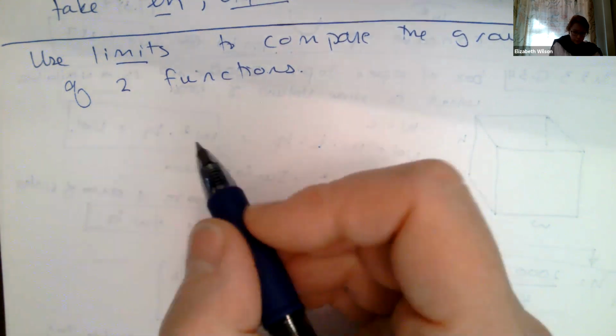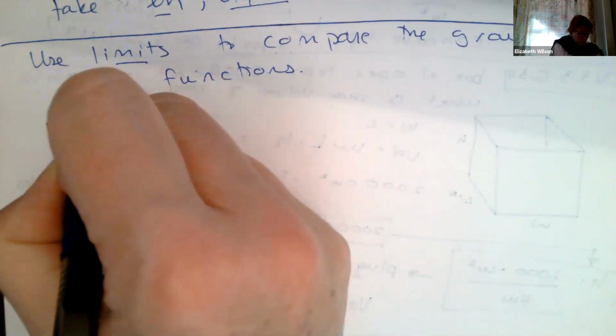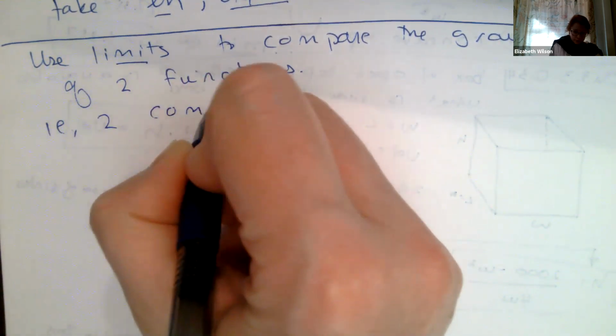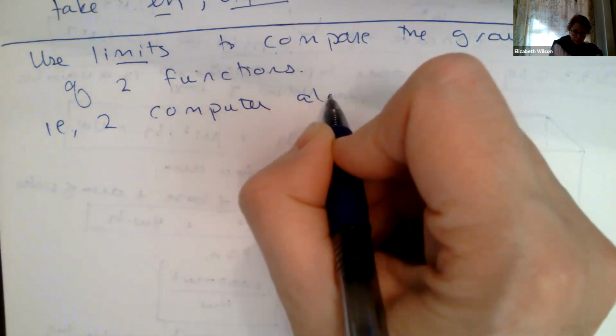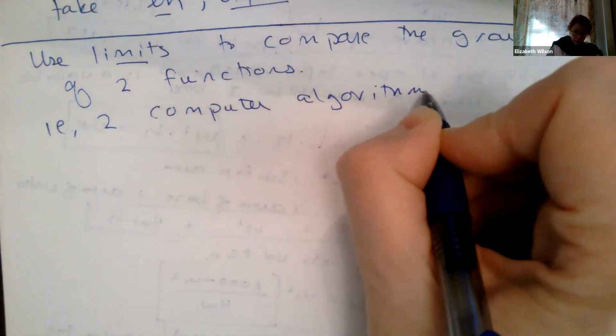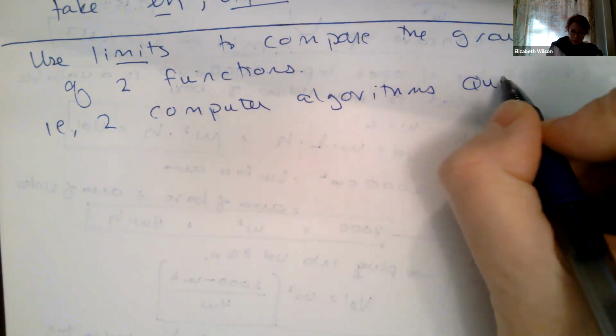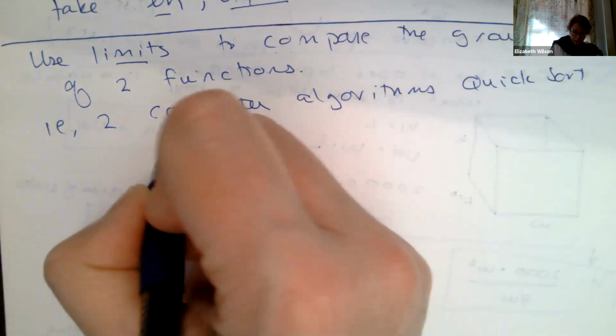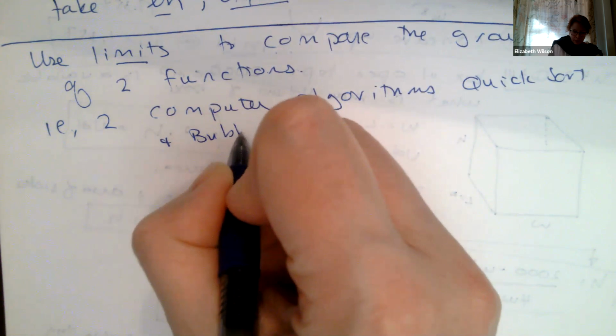So let's just write this down. Two computer algorithms. Say we can do quick sort and bubble sort. These things are common to check out.